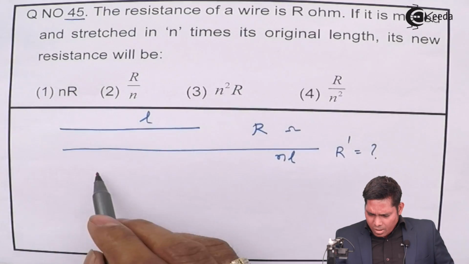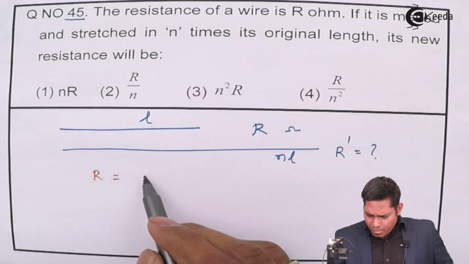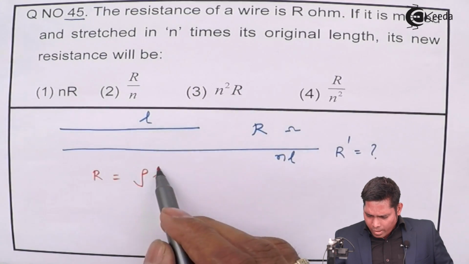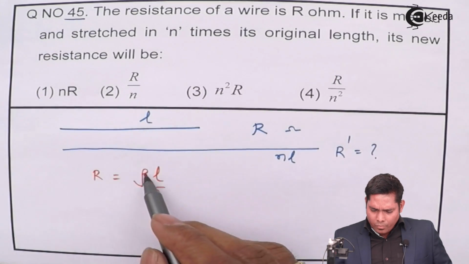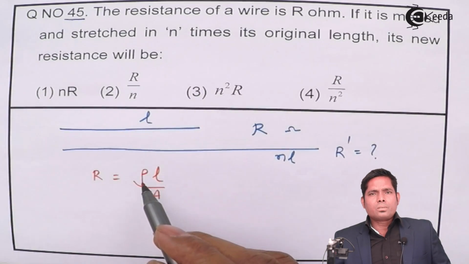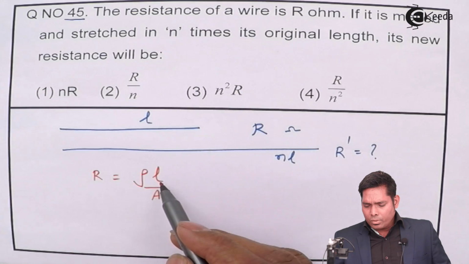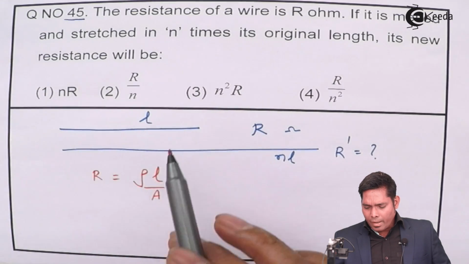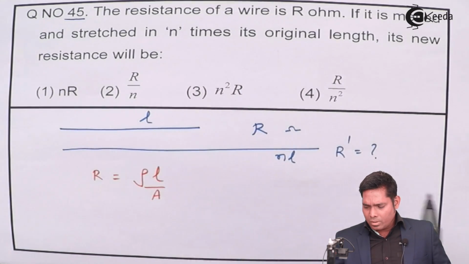Now the resistance of a wire is given by rho L over A, where rho is the specific resistance, L is the length of the wire, and A is the area of cross section.